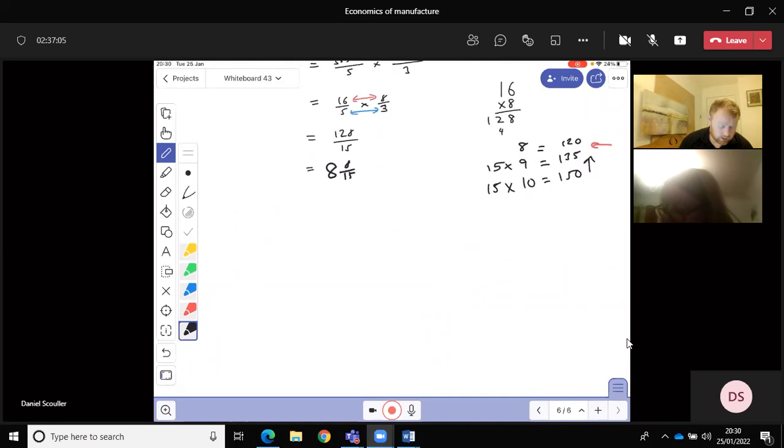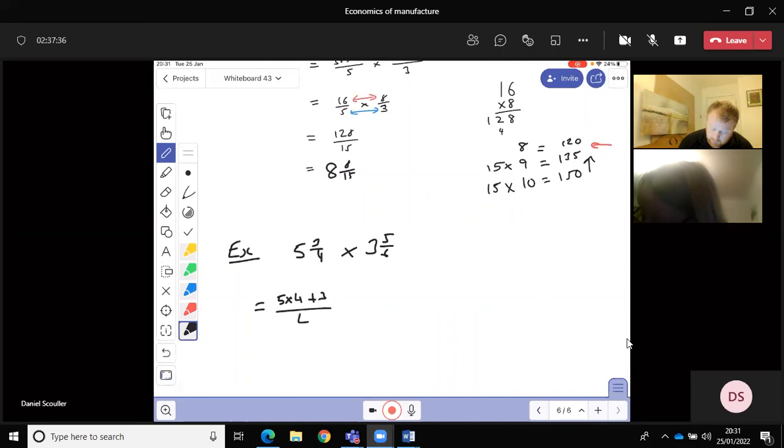Let's have a wee look at what we could do. Let's do this example because a few things are going on. So we do 5 3/4 times 3 5/6. 5 3/4, so there's 5 whole 4s, so there's 5 times 4 on the top, plus your 3 over 4.